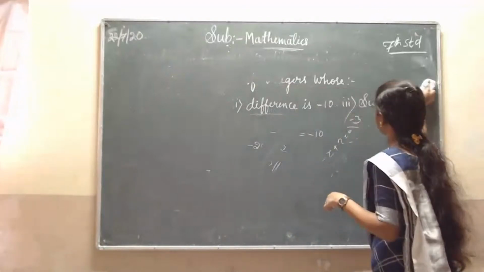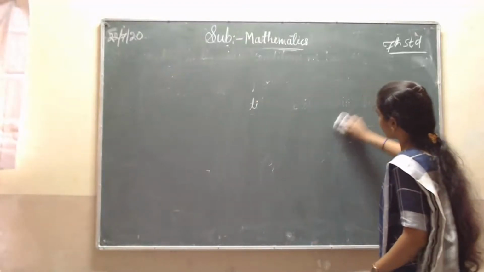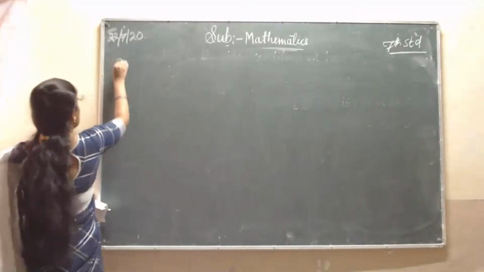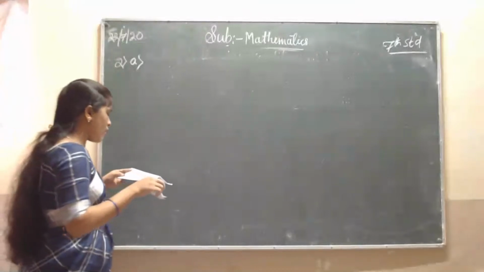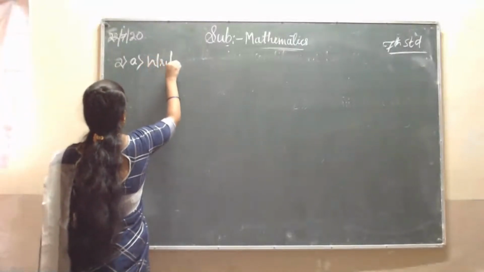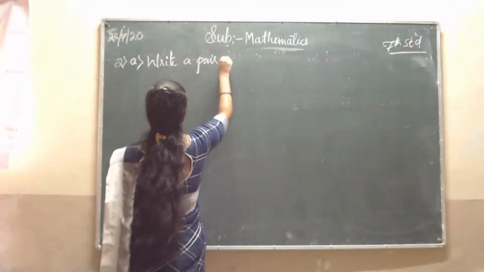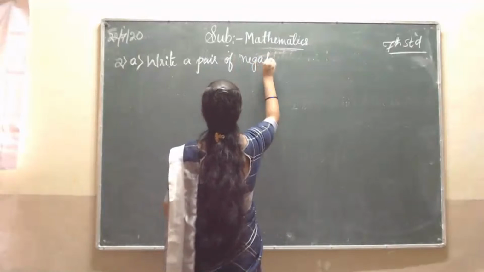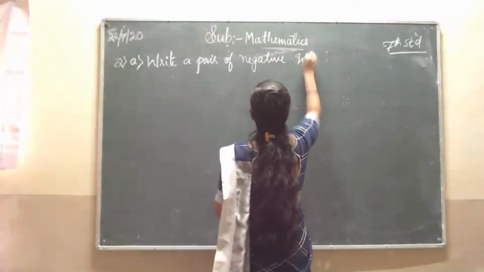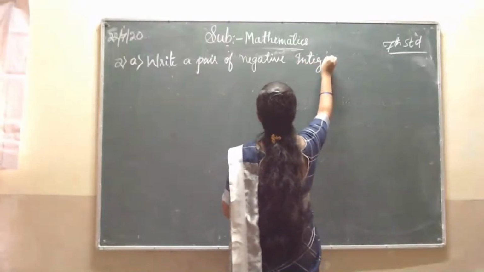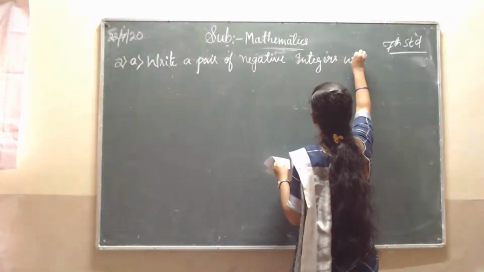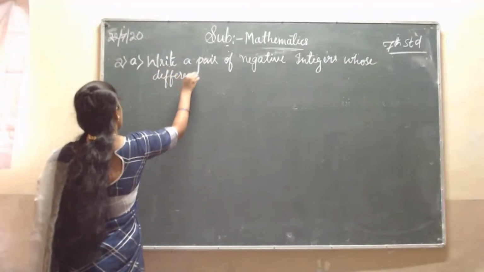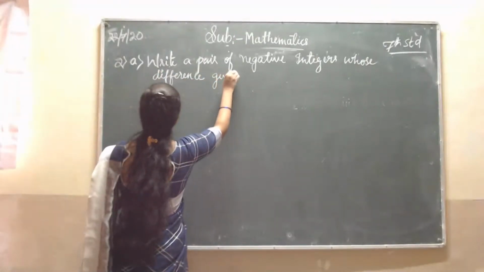Second question. Write a pair of negative integers whose difference gives 8.